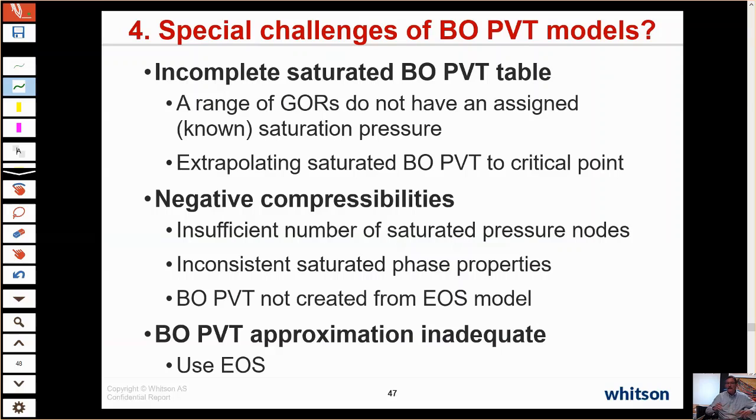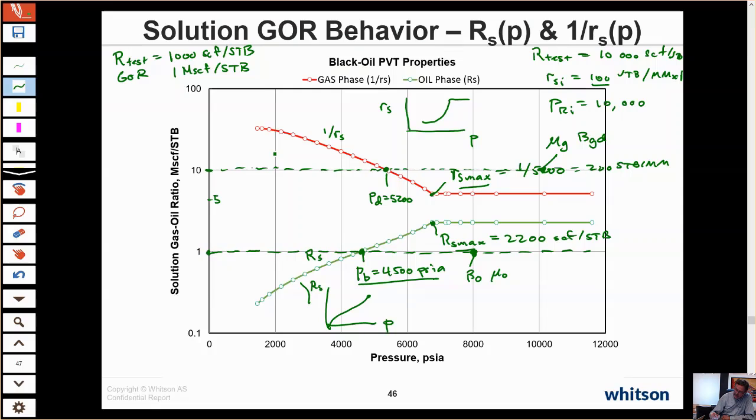So now we're at the final topic. And basically this is some special challenges of black oil PVT problems. Incomplete saturated black oil PVT table. There's a range of GORs that do not have an assigned or known saturation pressure. That we see right here.